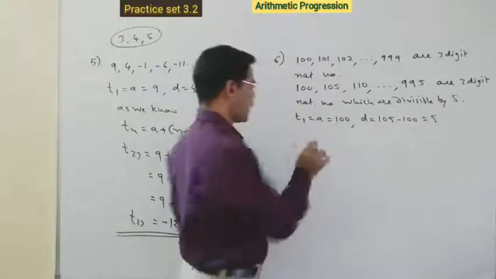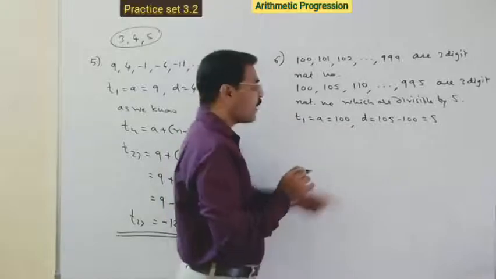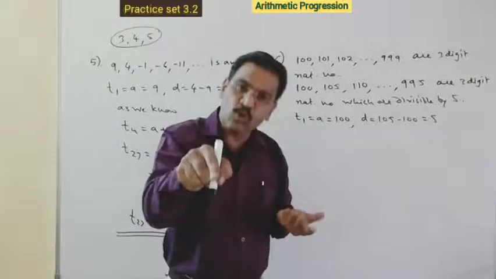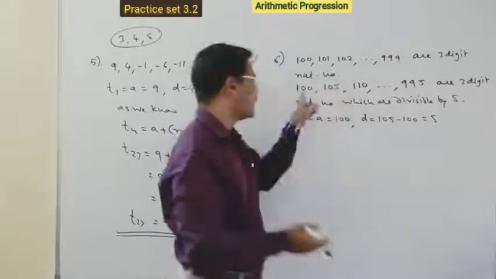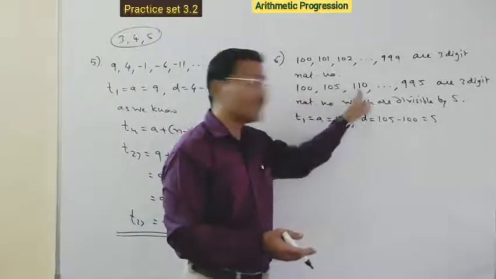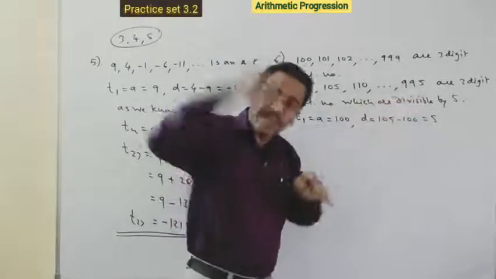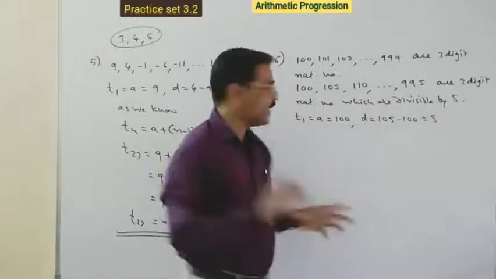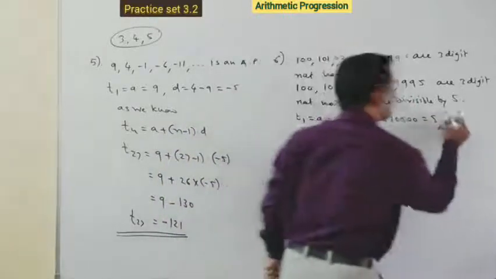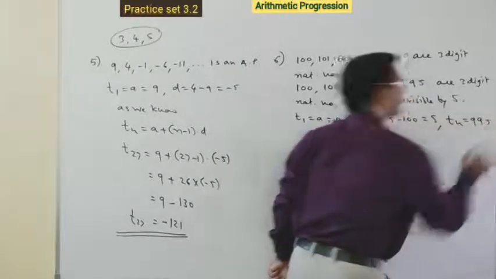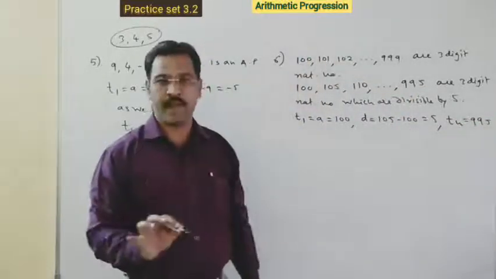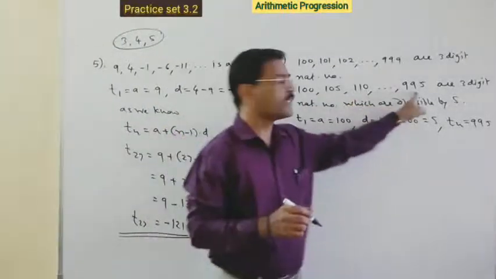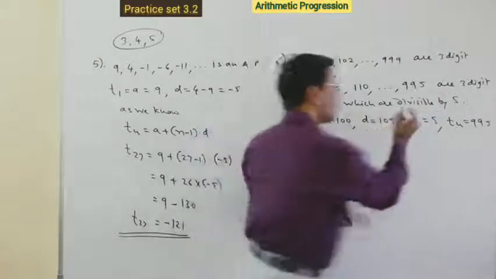Okay friends, look here. After getting this, we are going to find which term 995 is, that is, how many terms are contained here. This is the first term, second term, third term, and this is which term? Means in that particular AP, that many terms are there. So what is given to us is Tn, that is 995. 100, 105, 110 and all these are in AP because they are divisible by 5.